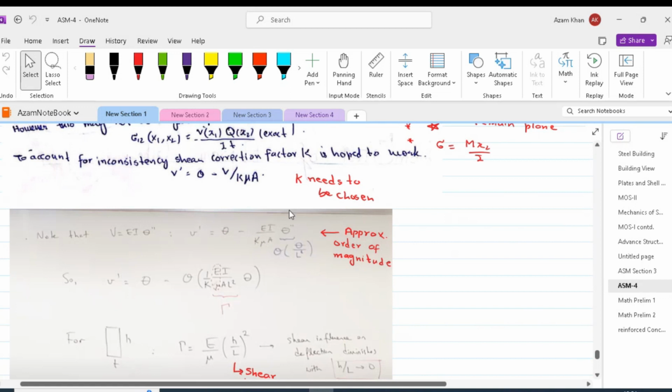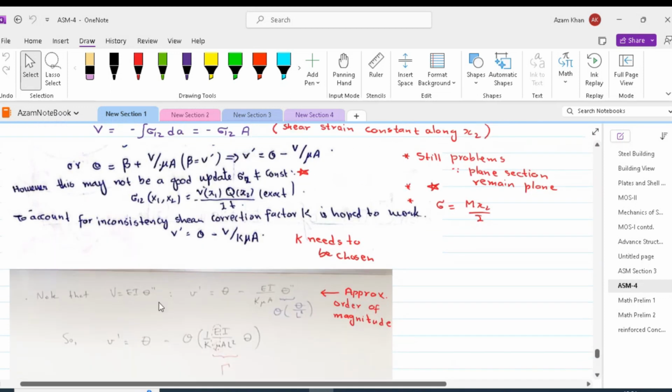If we call this theta double prime as theta by L square, we can plug the value of theta by L square in this expression. So in other words, this theta double prime can be approximated as an order of magnitude.